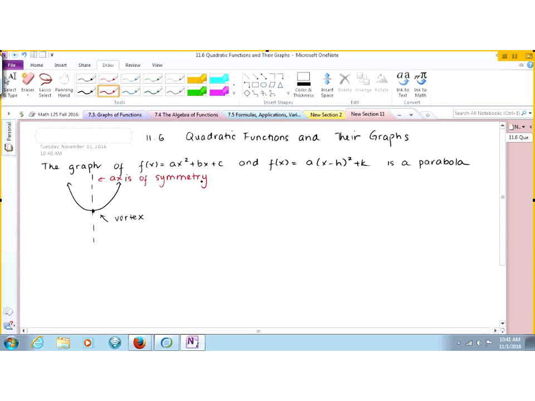And of course, we could talk about the x-intercept. If this is my x-axis and my y-axis, this is my x-intercept, and y-intercept. So those are what is important: vertex, axis of symmetry, intercept.